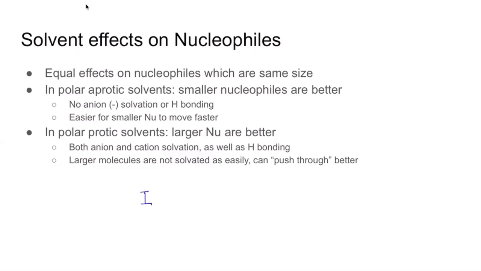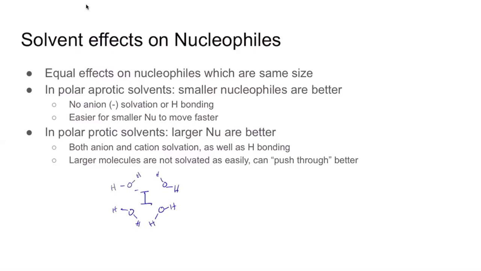suppose I have I-, which is a pretty big halogen, and I'm going to draw my water molecules around here. And this isn't hydrogen bonding, this is just an example of solvation.